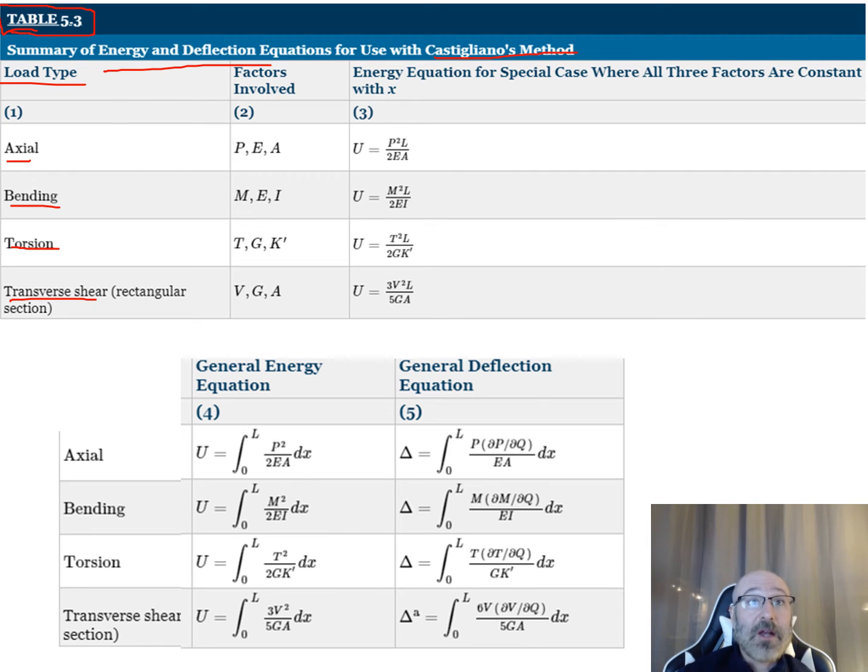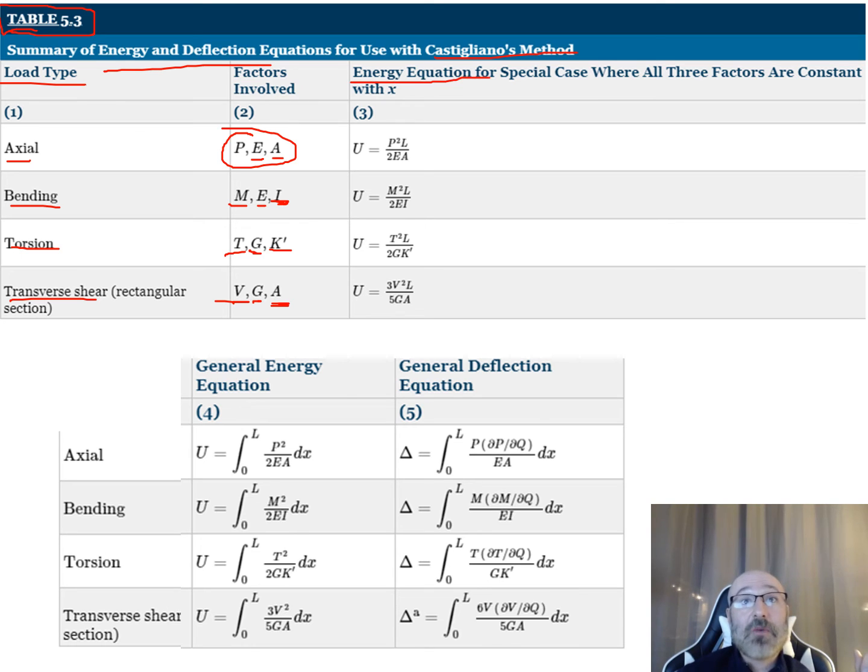For axial, we have our load P, elastic modulus, and cross-sectional area. Then for bending, we have our M for moment, our elastic modulus, and our I value. For torsion, we have our T value, our modulus of rigidity, and our K prime value. And for transverse shear, we have our shear force V, our modulus of rigidity, and our A value. Those go into our energy equation.